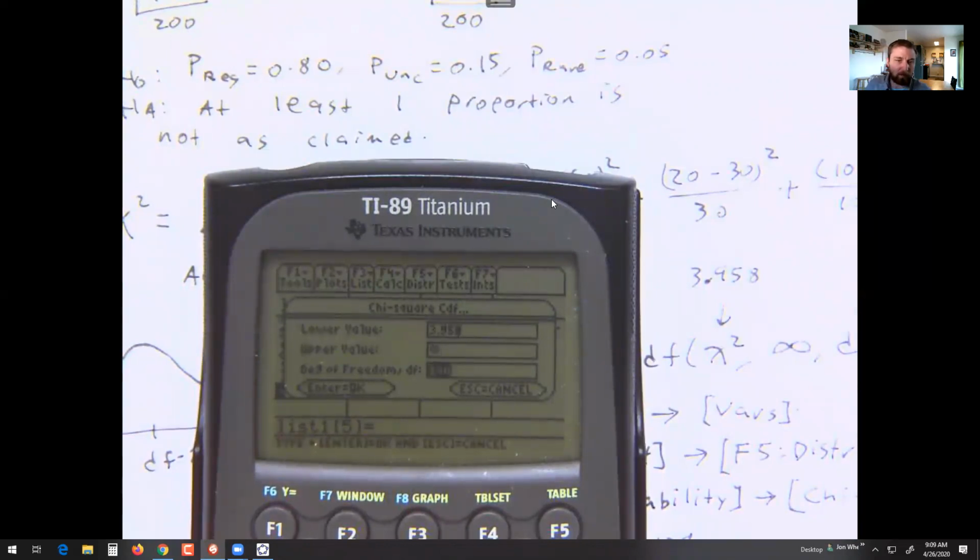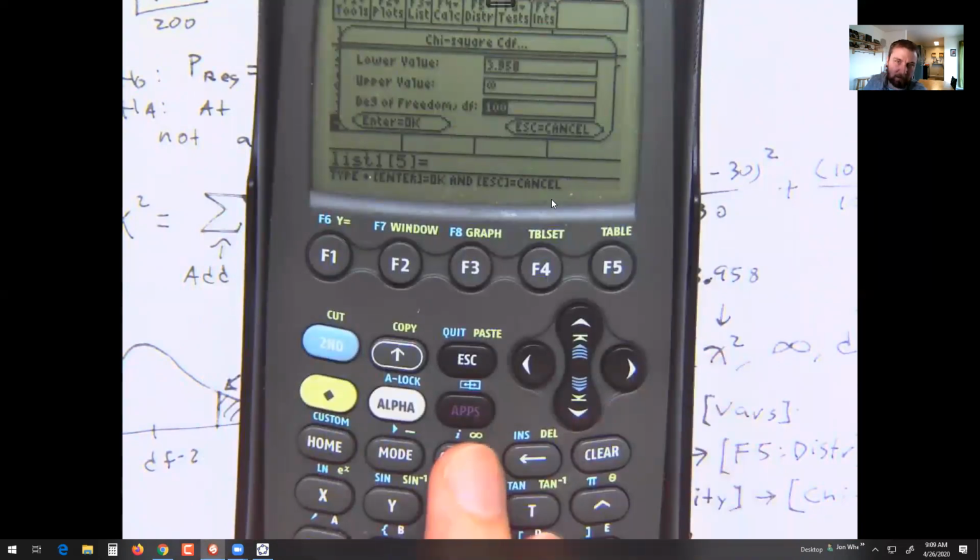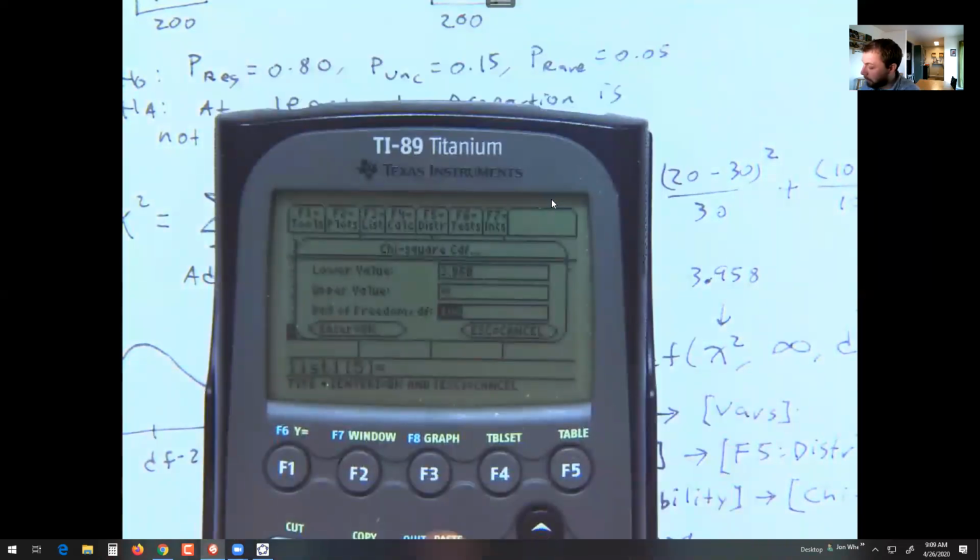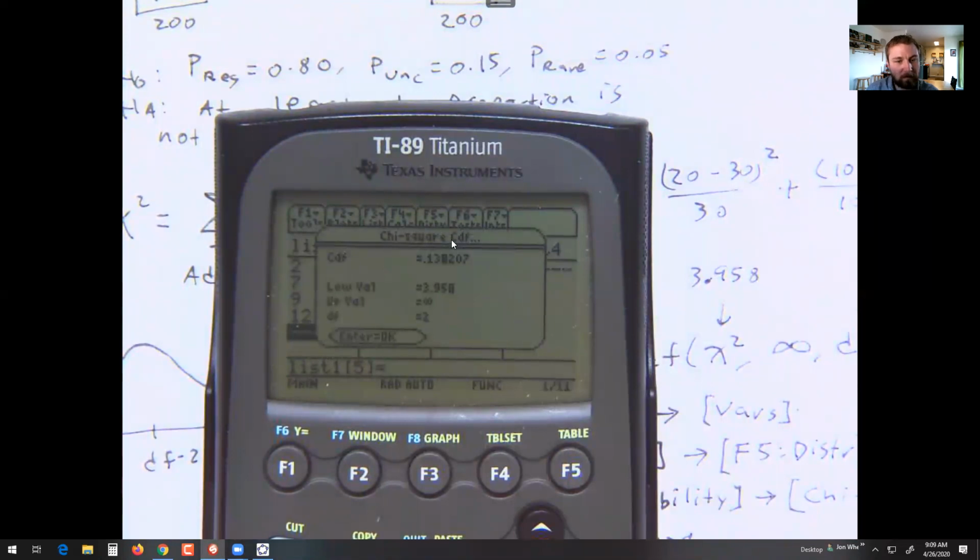My upper value is infinity. TI-89 actually has an infinity. It's in the green above the catalog, so you could do green catalog to get that to show up, or diamond catalog if you can't see the color green. And my degree of freedom is 2. This gives me a p-value, that's this first line, of 0.138.